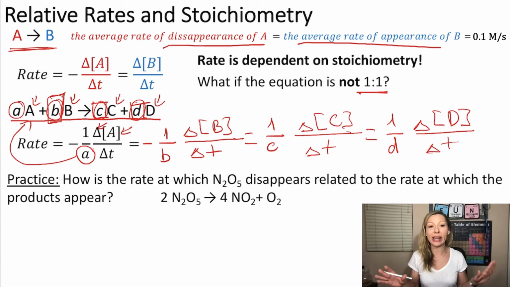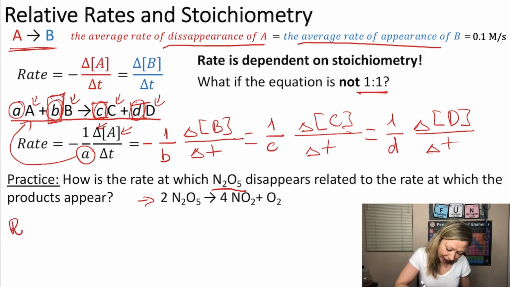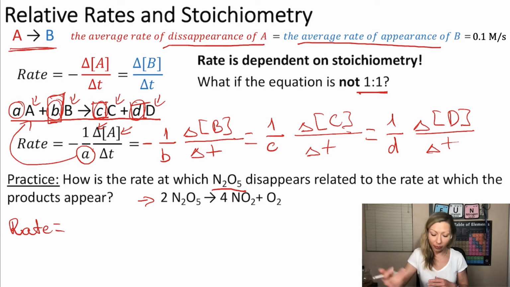Let's take a look at the practice question. How is the rate at which N2O5 disappears related to the rate at which the products appear in this reaction right here? So my rate, if I take a look at the disappearance of my reactant, is going to equal minus, right?